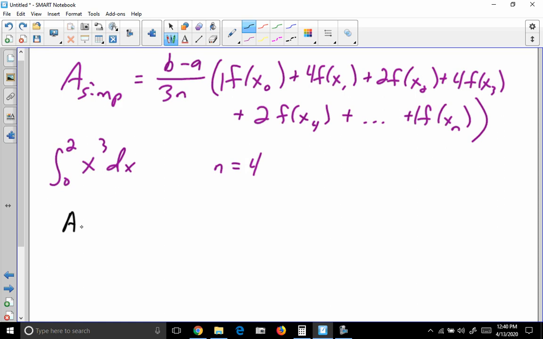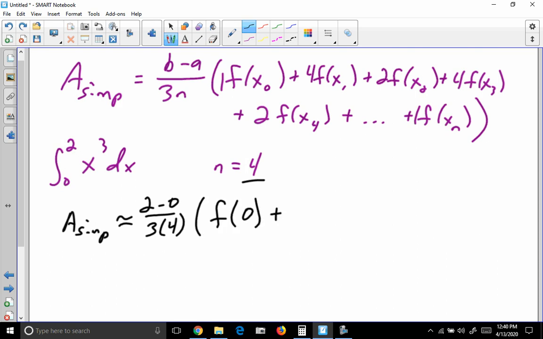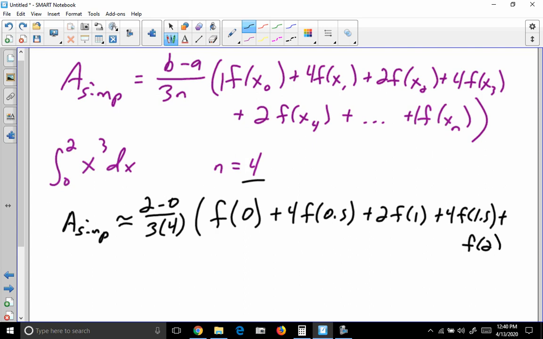So let's use the formula here and see what we get. Our area approximation using Simpson's rule is b minus a over 3, and we're just going to do 4 subintervals, times f of 0 plus 4 times f at 0.5, 2 times f at 1, 4 times f at 1.5, and then we're to the right edge of the interval, so that one just gets used once.